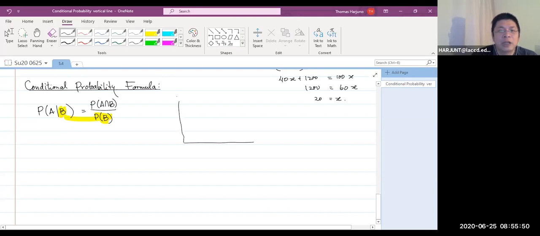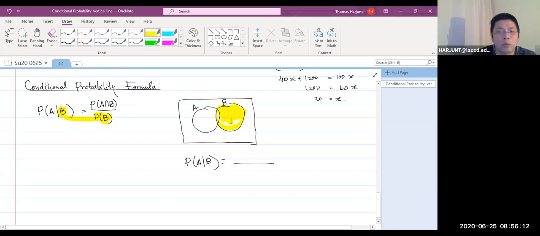The explanation has something to do with the procedure that we did in our problem earlier. Let's say this is A and this is B. Probability of A given B, we actually zoom ourselves into the condition first.